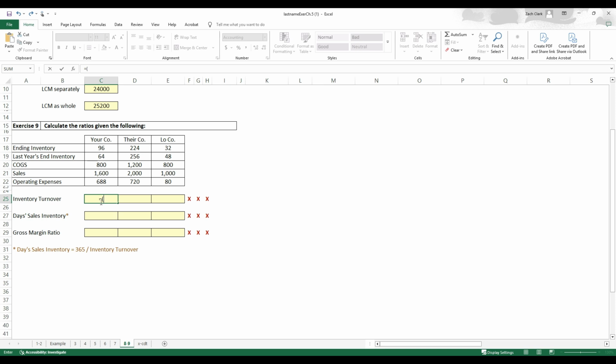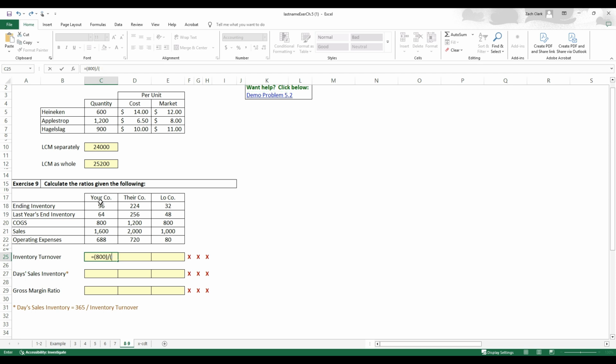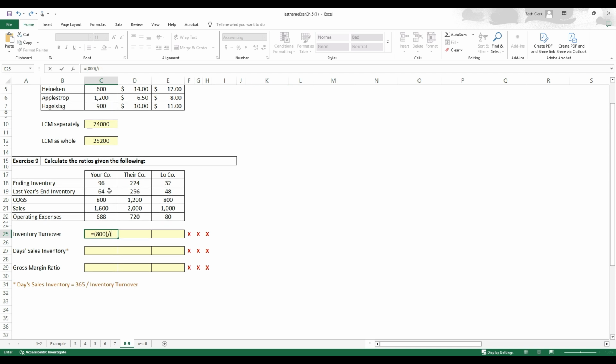To calculate that, we need to take our cost of goods sold divided by our average inventory, and our average inventory is just going to be our beginning plus ending divided by 2, and last year's ending is basically this year's beginning.